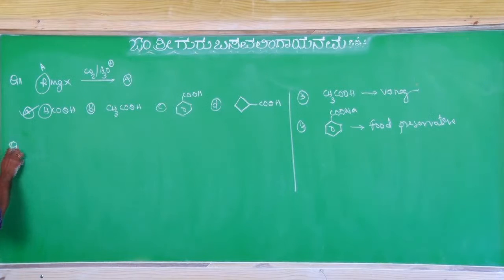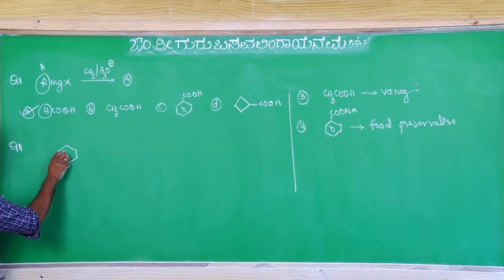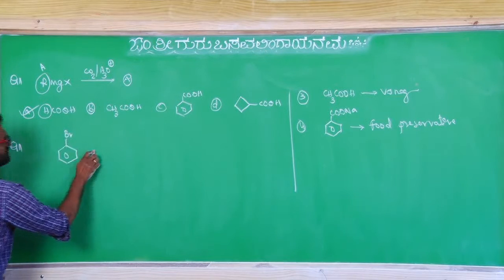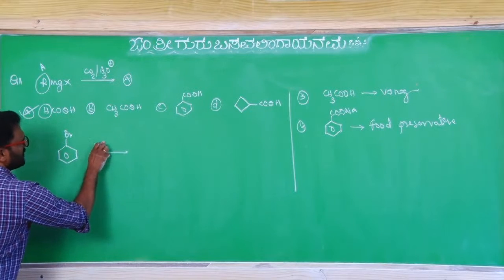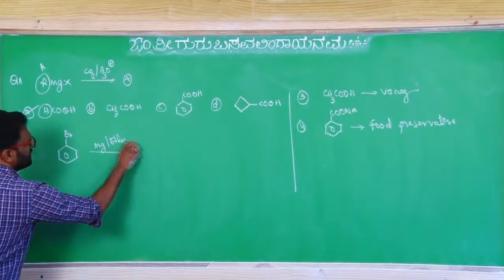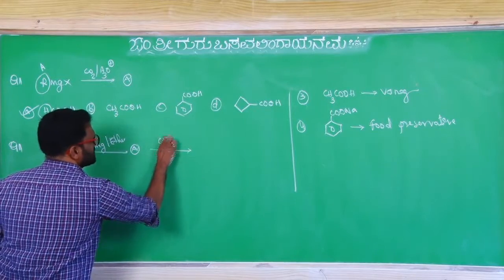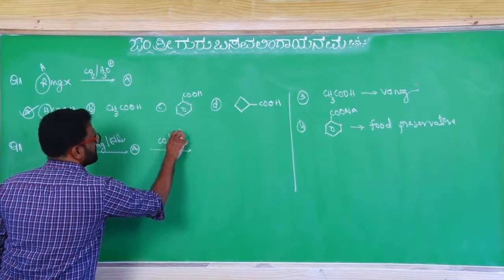Right, next, I will give one conversion. You just have to give the final product. We have one compound which reacts with magnesium in dry ether. You get product A, which is followed by carbon dioxide and acid hydrolysis.